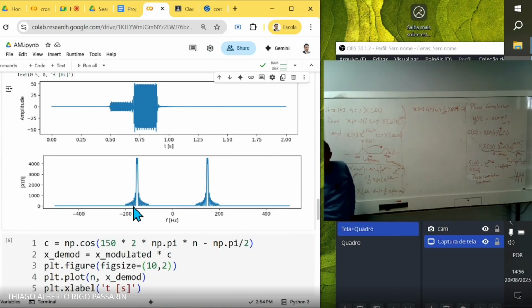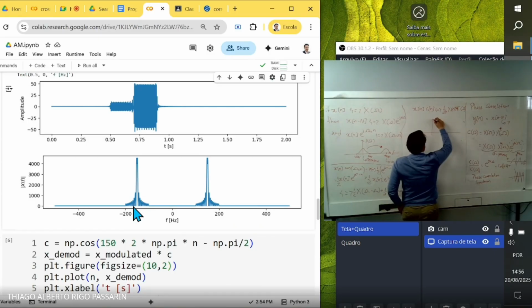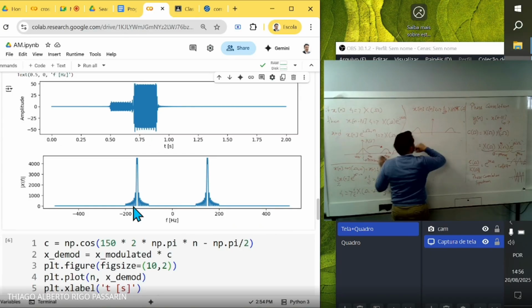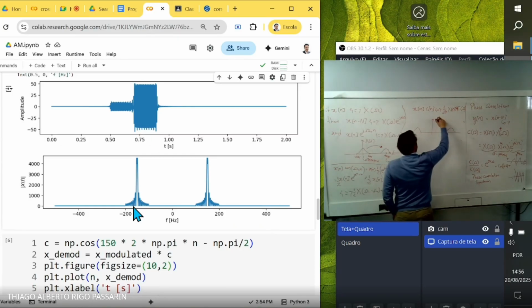So how to shift back to the baseband? When I multiply by the carrier, I create one copy of this here, one copy of this here. Right? This is the modulated signal. We can call it M of omega.